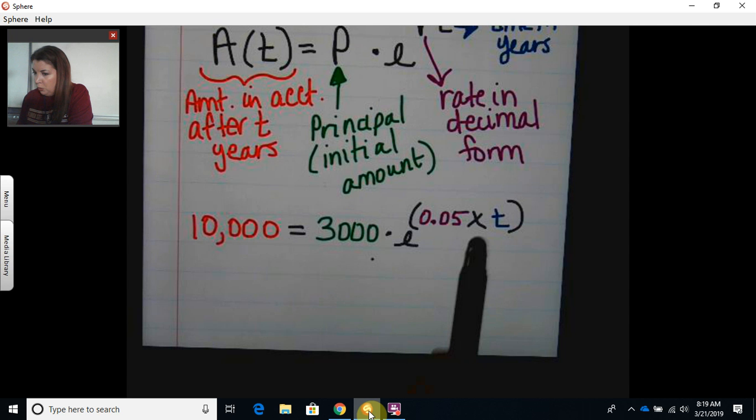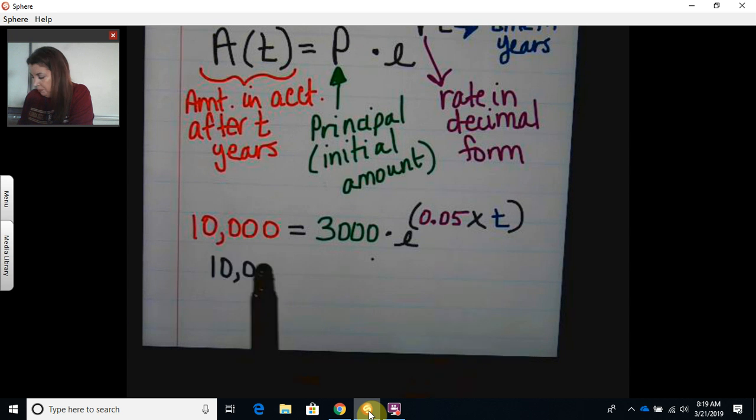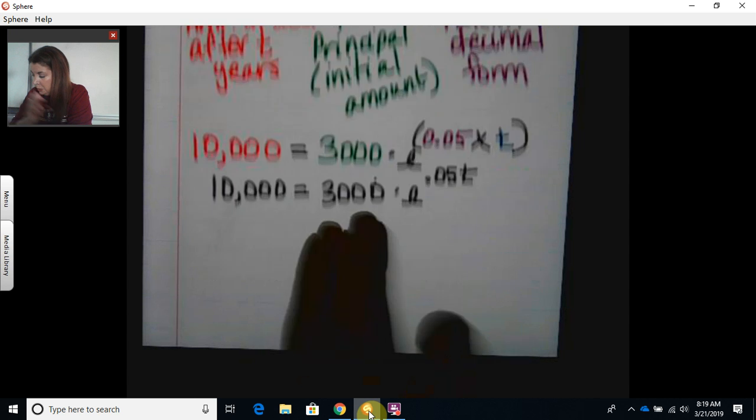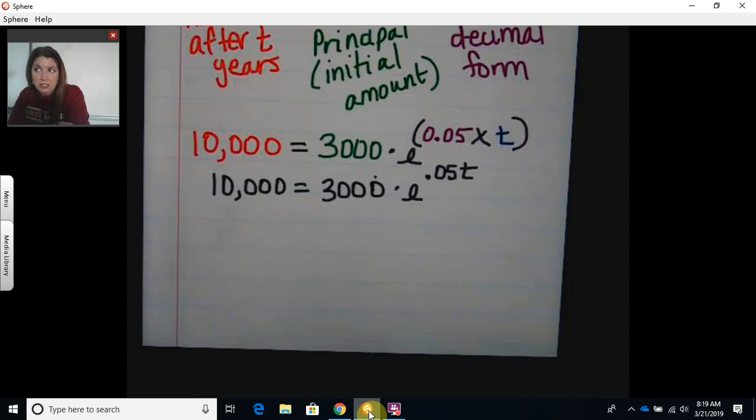Okay, so let me write that. 10,000 equals 3,000 times E raised to the 0.05t, because usually we multiply those together, they give us two numbers. Well, they didn't. We have a number and a variable, that's fine. Well, doesn't this look like an exponential equation? It's not an exponential form yet, but could we get it in exponential form?